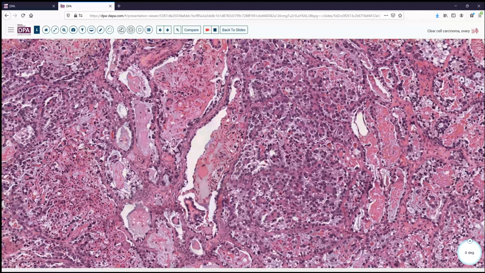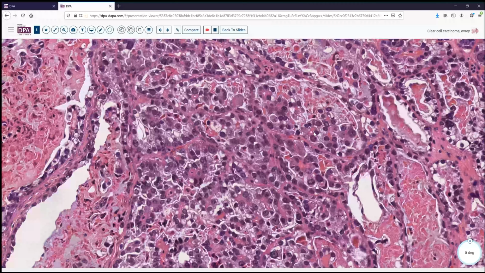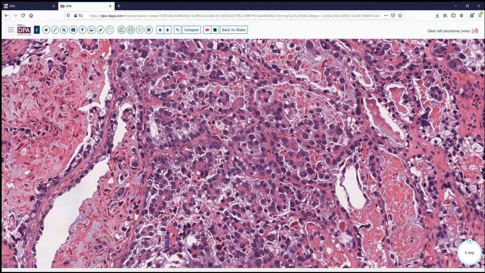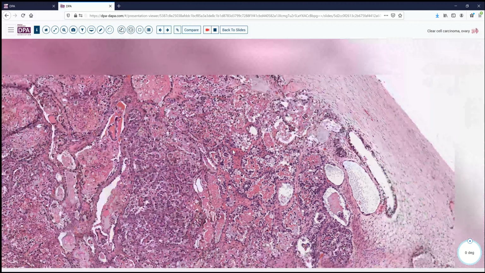And again, high-grade nuclei, easily identifiable nucleoli, and probably increased mitotic figures. If you search around in these areas, you will find areas where you find nice, clear cytoplasmic changes like you see here, but there'll be other areas where it will be more solid and eosinophilic.